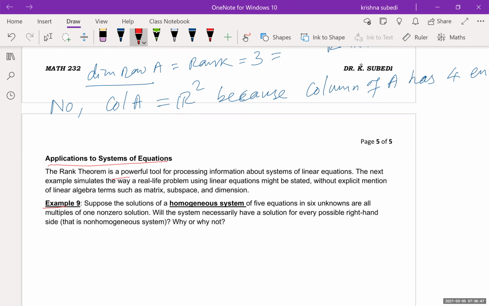For example, suppose the solutions of a homogeneous system of 5 equations in 6 unknowns are all multiples of one non-zero solution. Will the system necessarily have a solution for every possible right-hand side, that is, the non-homogeneous system? Why or why not? That's the question.